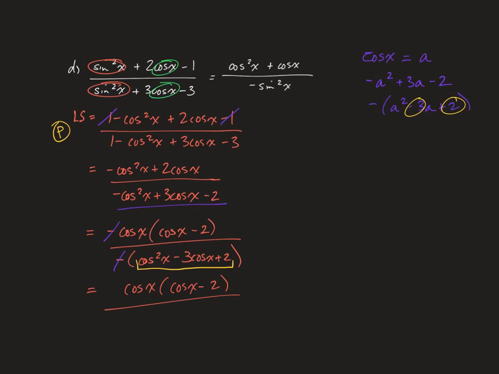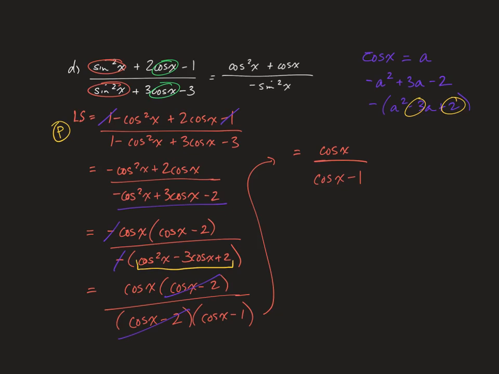So back with my red solution, I could factor that into a cos x minus 2 and a cos x minus 1. If you re-expand the denominator, we'll notice we would get back to the original expression. I love the fact that it factors that way because now I can divide out my cos x minus 2's, and that would then leave me with a single cos x on top and a cos x minus 1 on the bottom.